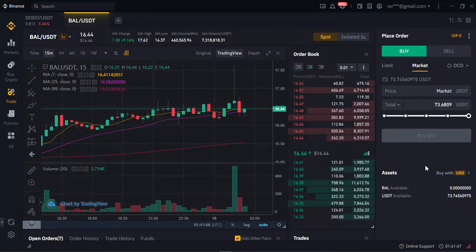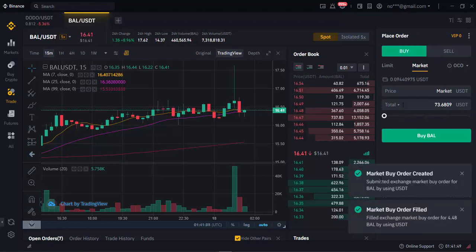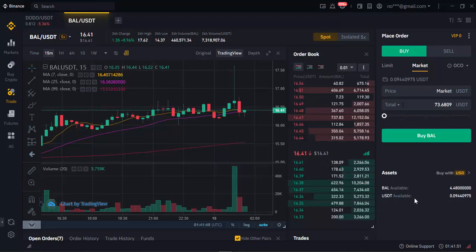Okay, so the order, this is market. They are taking a market, it came very quickly and it has disappeared. So look here, this is USDT available, which has turned to 0.0, and we have a bar available which is 4.48.